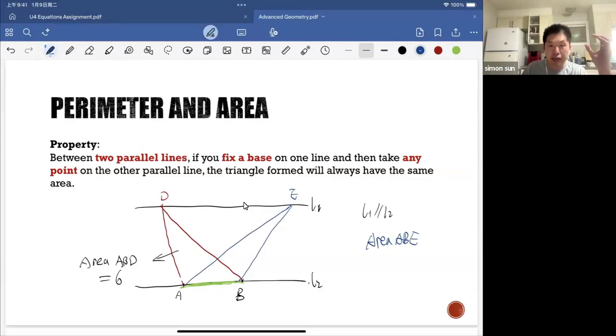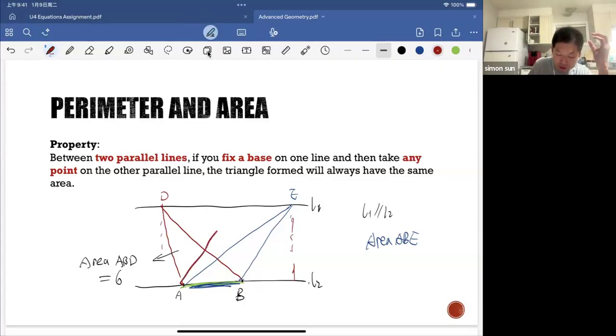So what about EAB? It will still be 6, right? The reason is they share the common base and the height will always be the same, right? The height is basically the distance between line one and line two. It's just the distance.